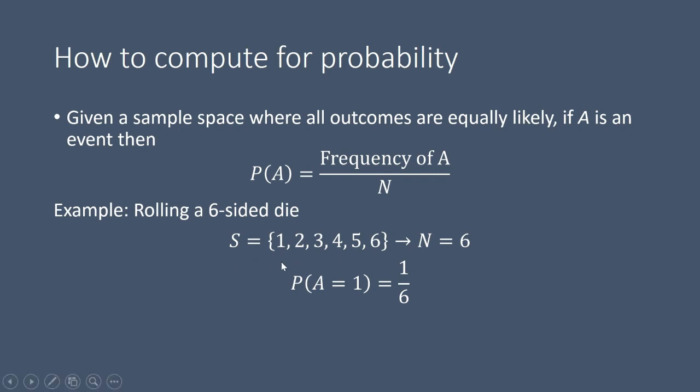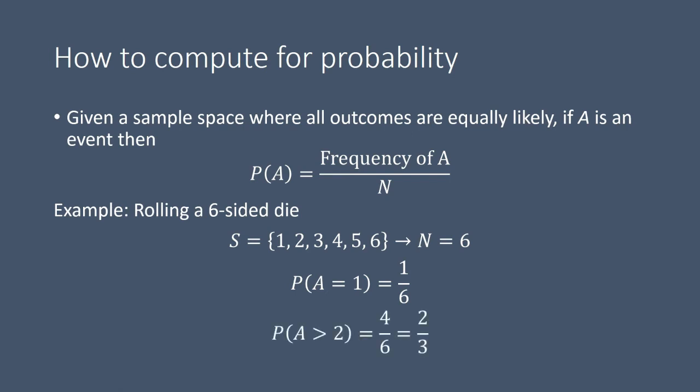Well, how often do you see 1 as an event in the sample space? It only happens once. So P of A, the event that 1 will appear, is going to be 1 divided by 6. The frequency of A divided by the size of the sample space.